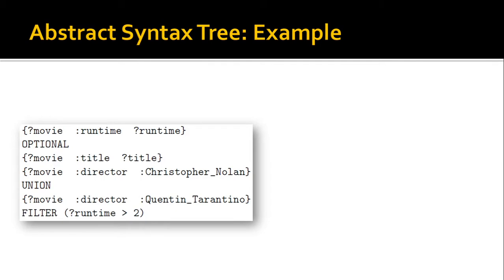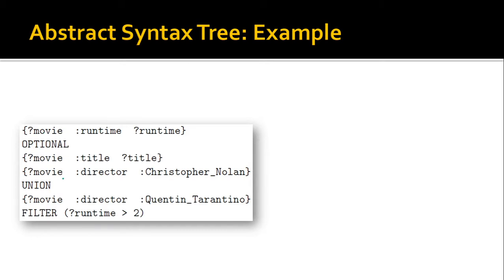So let us take an example and try to illustrate what we are really referring to in the grammar of the SPARQL language, right? So as you can see here, you have this to be one triple block. Then it is connected to another triple block via optional.